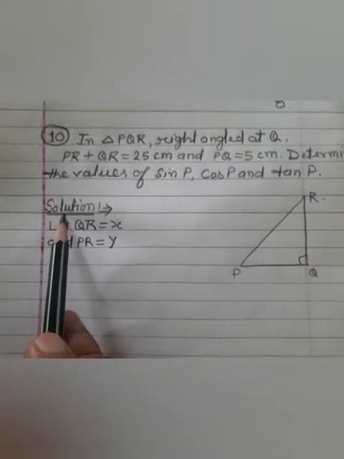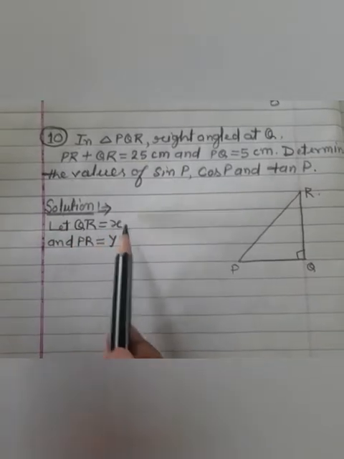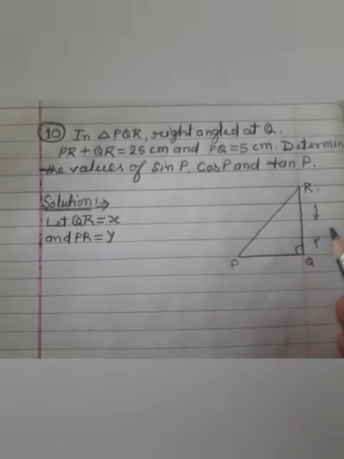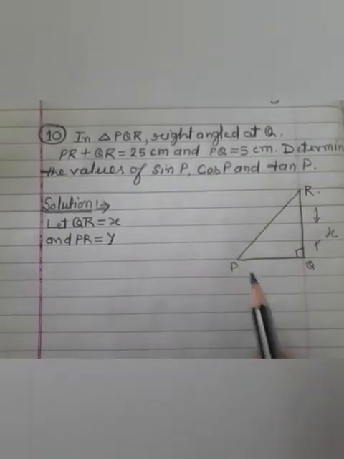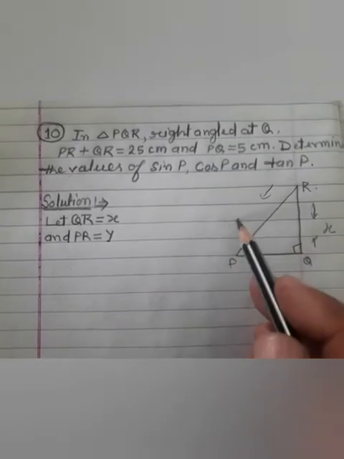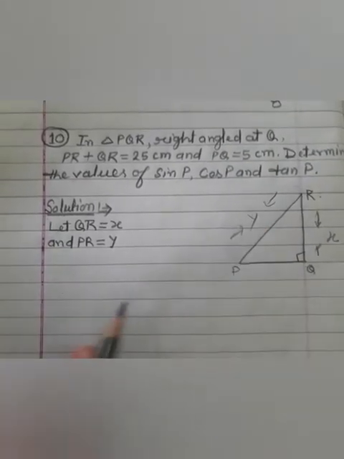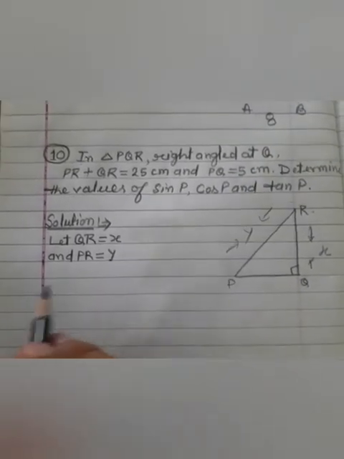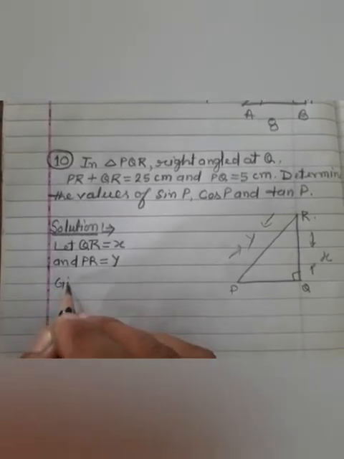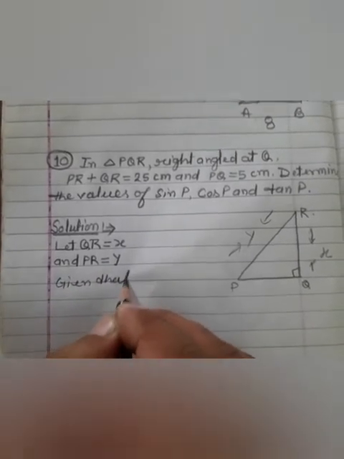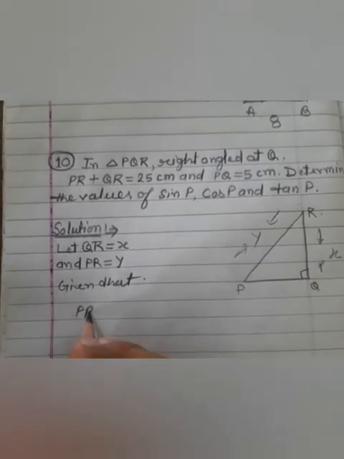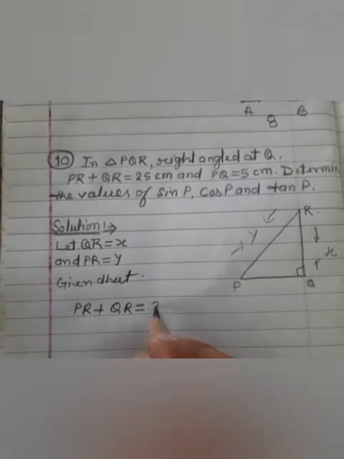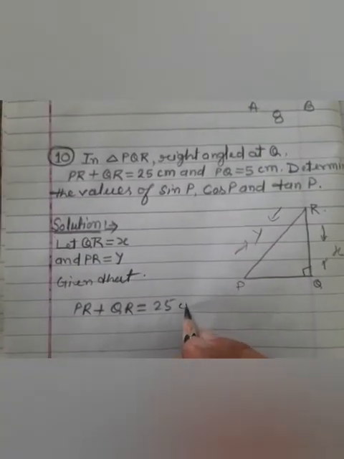Now solution. Let QR is equal to X and PR is equal to Y. Clear? Now it is given that PR plus QR is equal to 25 centimeter.